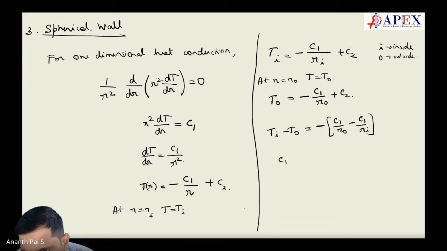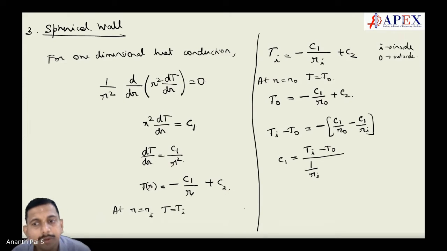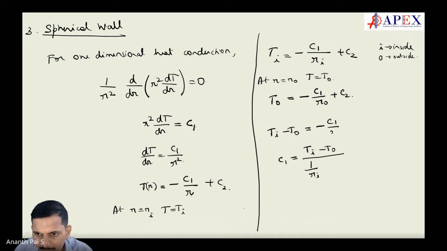Or we can write C1 is equal to Ti minus T naught, divided by 1 by R naught minus 1 by Ri.